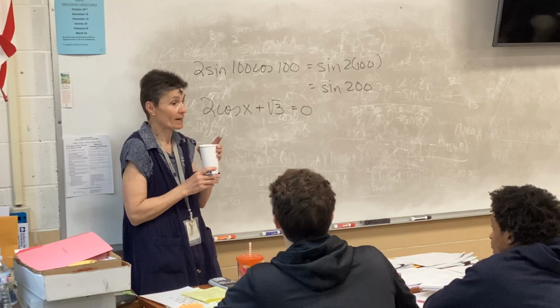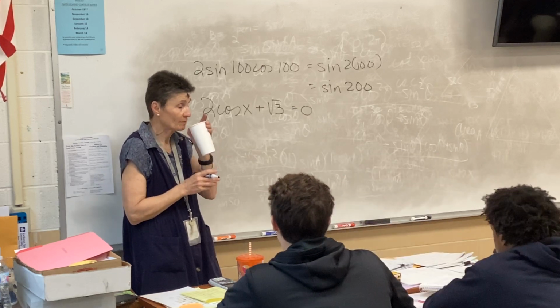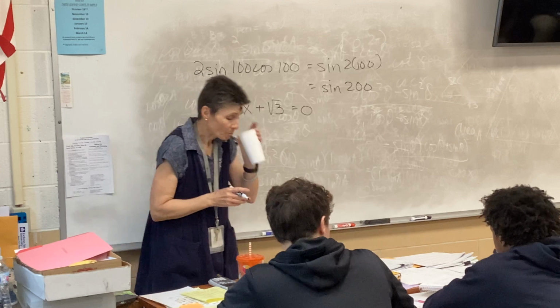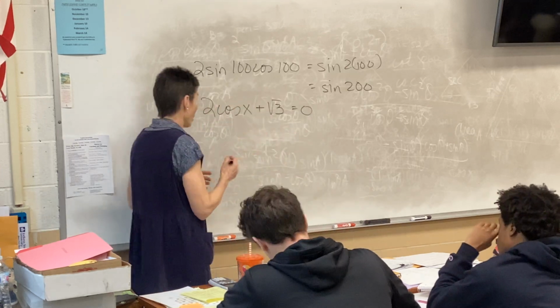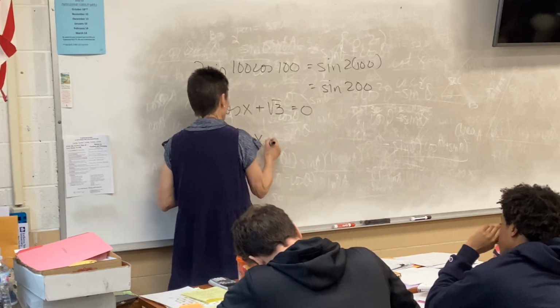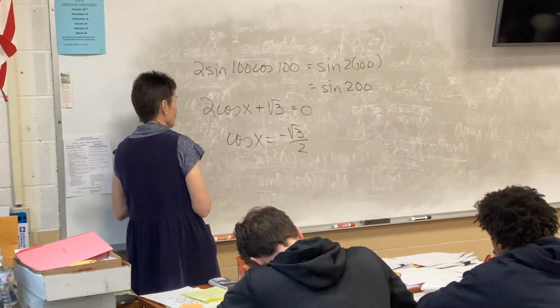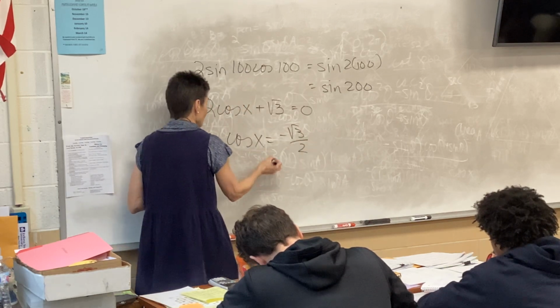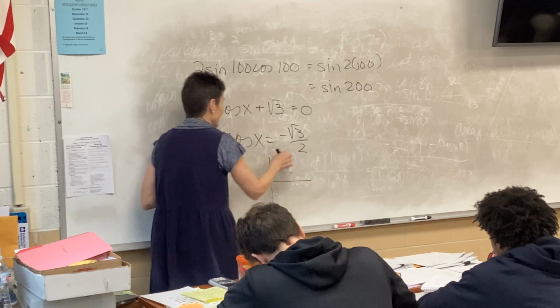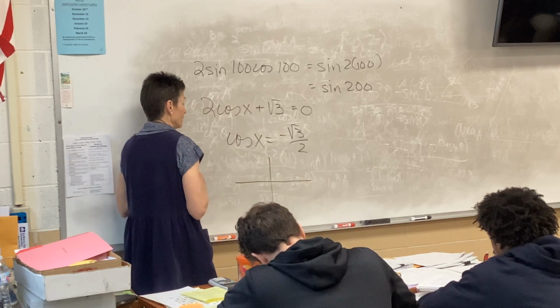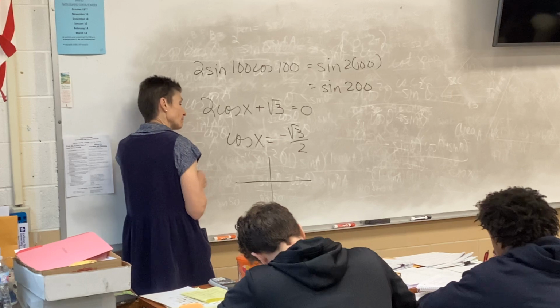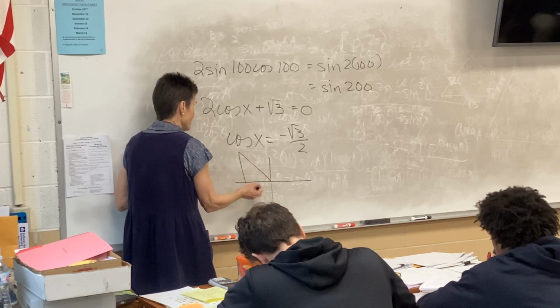We need the plus or minus 2 pi n thing. But first of all, let's just go around the circle and find out where these answers are going to be. So I'll subtract root 3 and divide by 2. Cosine is negative. Where is cosine negative? Left side. So over here somewhere.